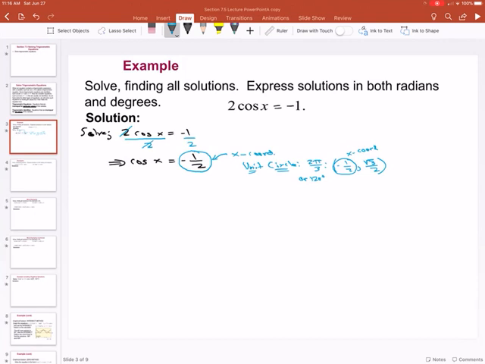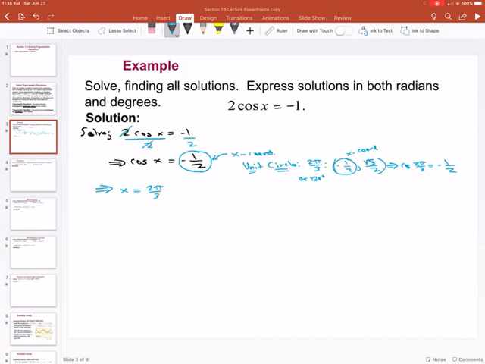So that implies, we're talking about function value of -1/2. We know the cosine of 2 pi/3 or 120 degrees would equal -1/2. So there's a solution. So down here, we begin writing our solution set. So x can equal 2 pi/3.